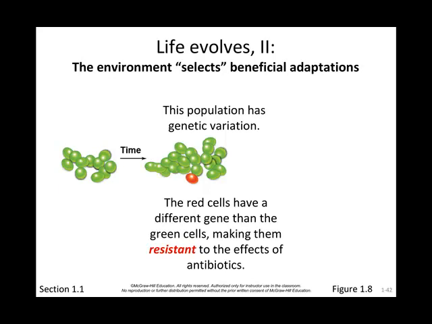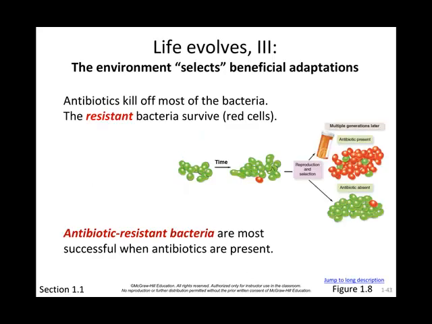As they reproduce over many generations, there's a higher likelihood that by random chance, mutations or errors that occur in DNA can accumulate and give rise to some change in the bacteria. In this case, the mutation gives rise to antibiotic resistance. The red bacteria has randomly become resistant to antibiotics, again, just by chance.